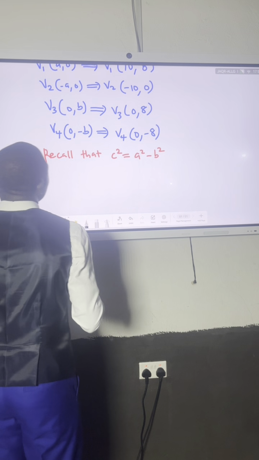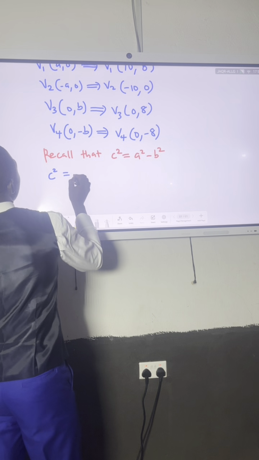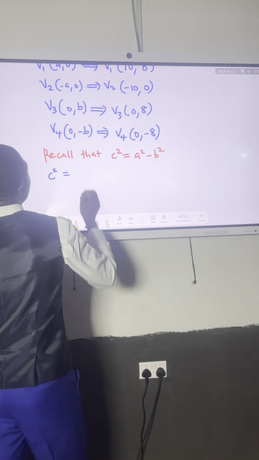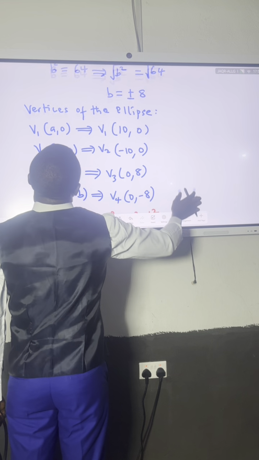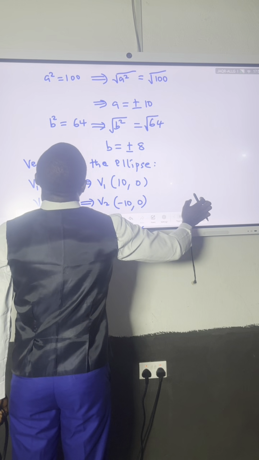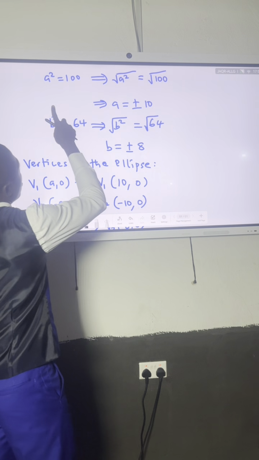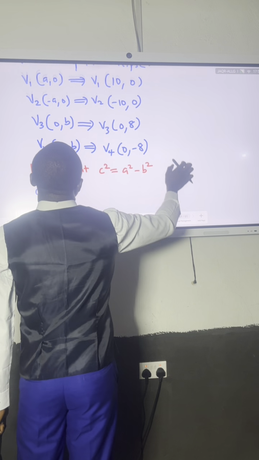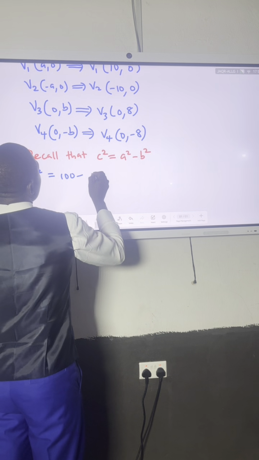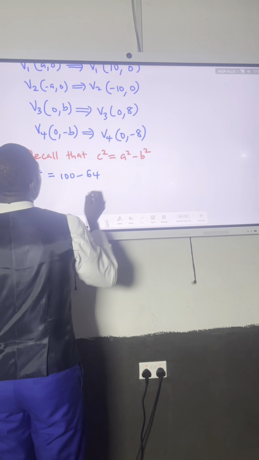Alright, now let's go. So we're going to say c squared is equal to a squared, which used to be 100 from the beginning of the question. When we did the comparison, a squared is 100 and b squared is 64. So minus b squared is 64.